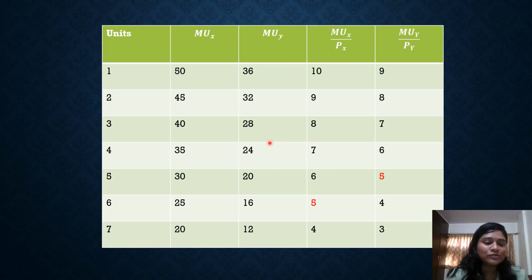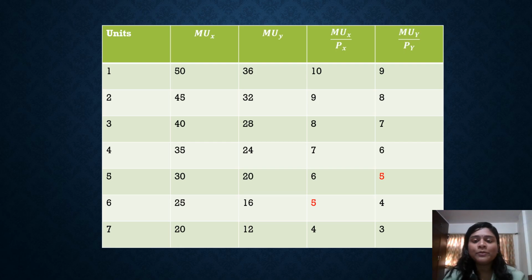So 6 samosas cost 6 into 5, which is nothing but 30, and 5 vada pavs cost 5 into 4, which is 20. So 30 plus 20 is 50, and 50 is the maximum amount which we have in our hand. So we will choose 6 samosas and 5 vada pavs.